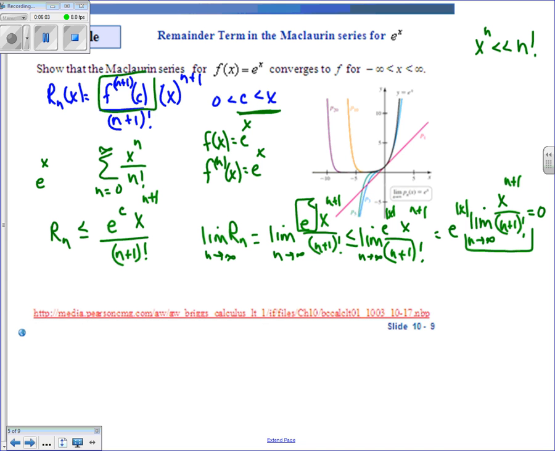Okay, so what that means then is that if the remainder has a limit of 0, then that means that this infinite series is converging to the function. Because we found the remainder, the difference between the function and that Taylor polynomial, which is the beginning of this Taylor series.